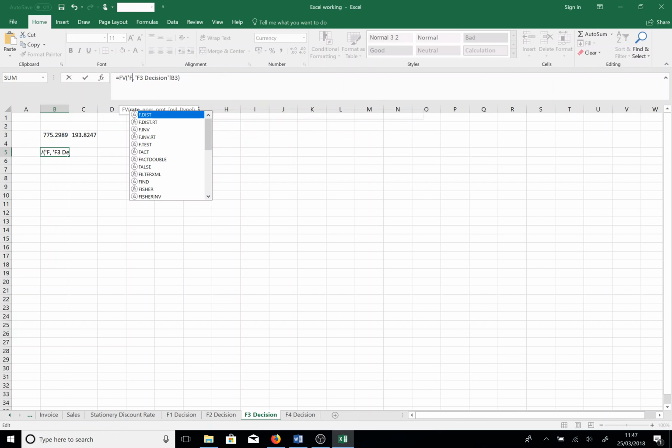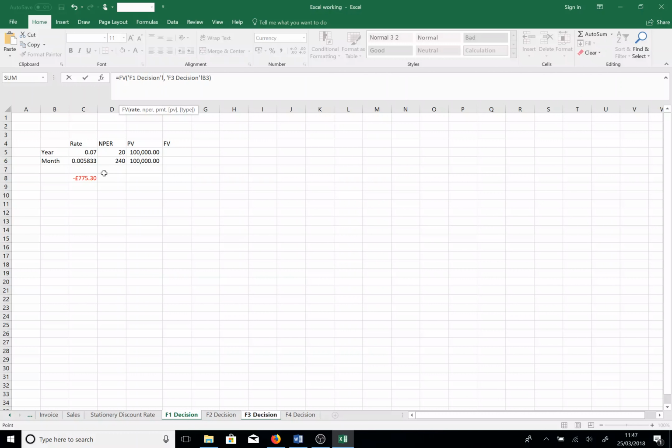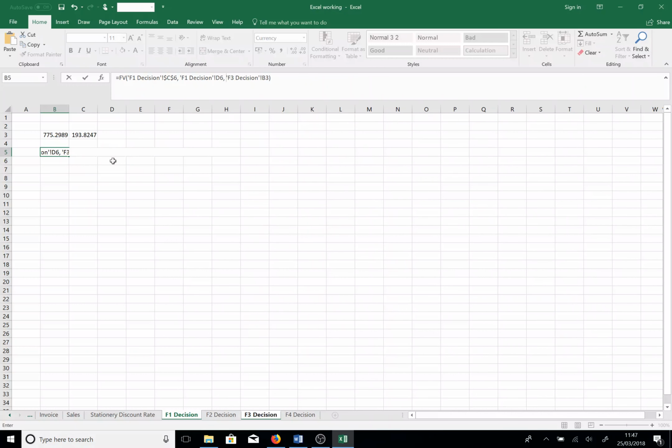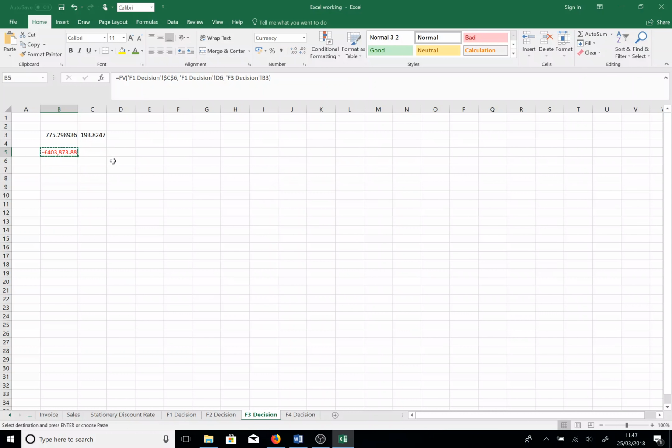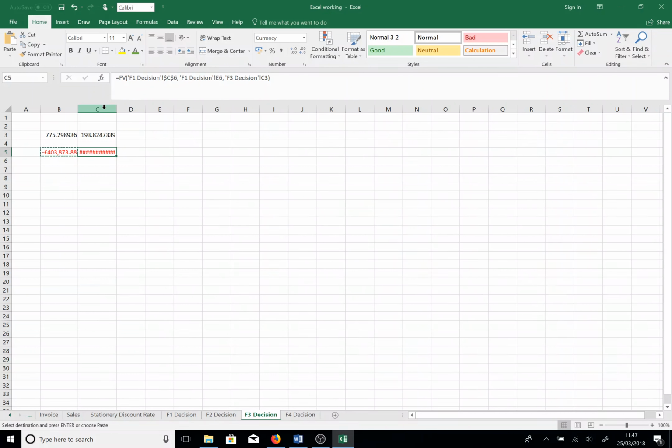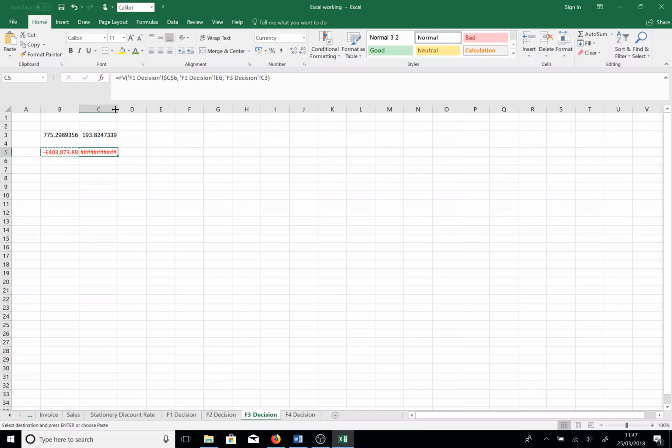So the rate, F4 and N per. There we go. That makes sense. Make sure you've got F4 on here because as you can see I didn't.